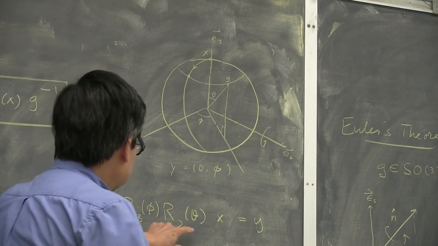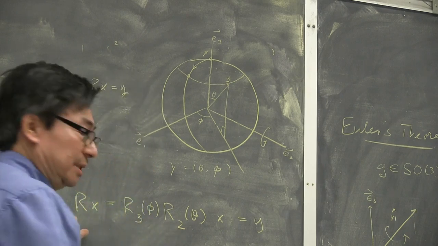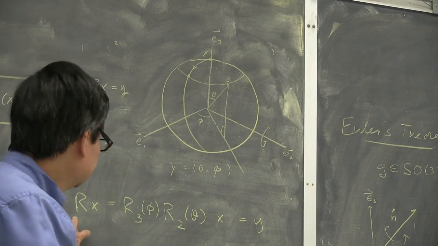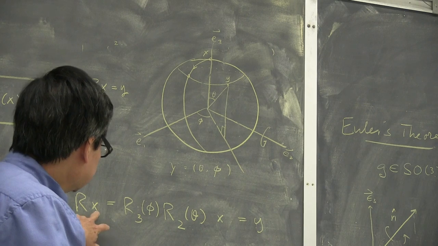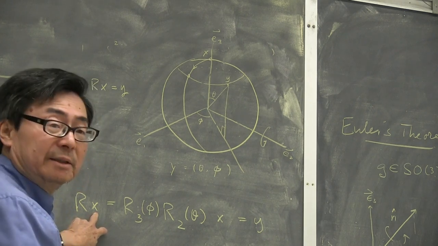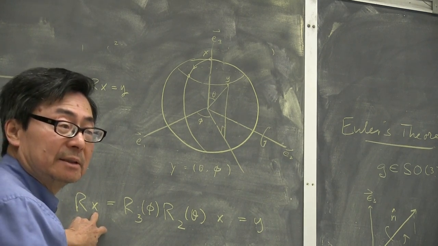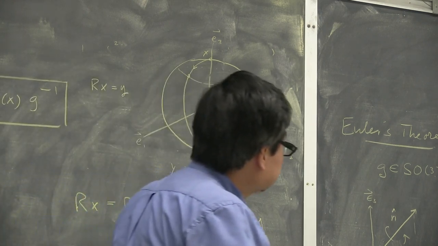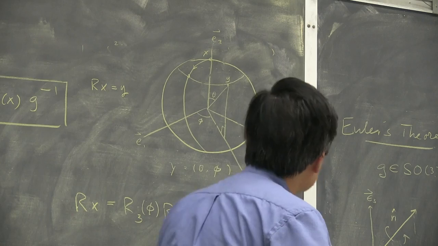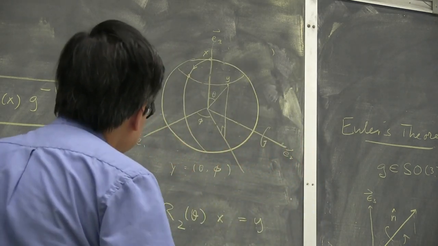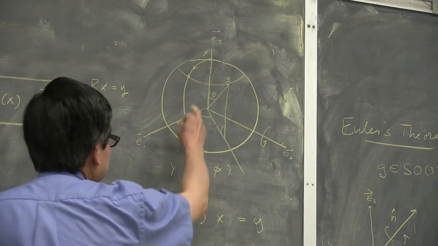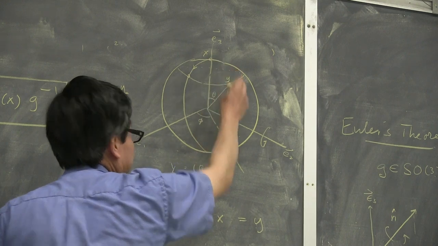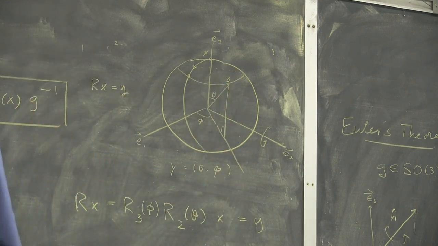Now these two are different rotations, but they both take you from X to Y. By definition, R goes from X to Y, and I have constructed explicitly this other rotation which also takes you from X to Y, the same two endpoints.